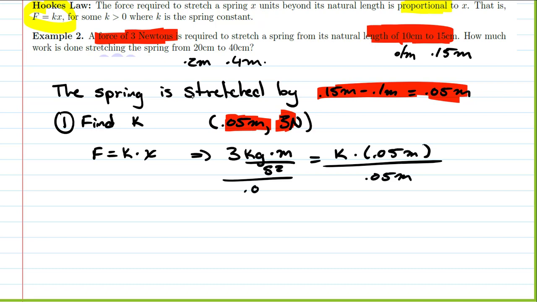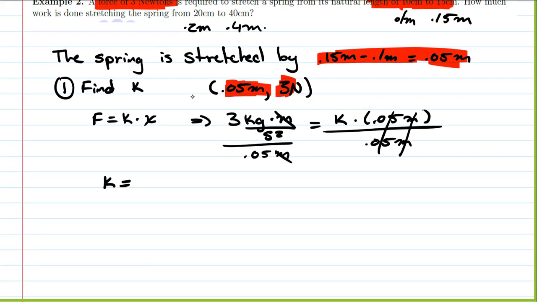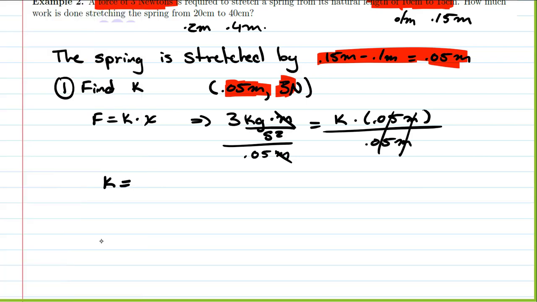Our meters reduce out, and we get that k is equal to 3 divided by 0.05, which gives us 60, and our units that are left are kilograms per second squared. And that is our proportionality constant, k.